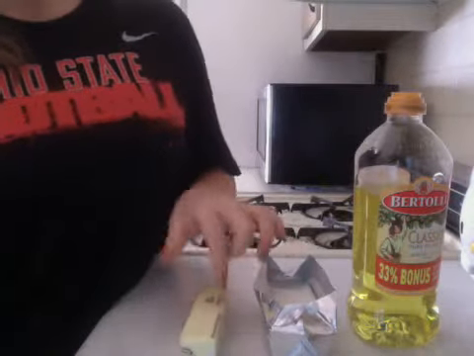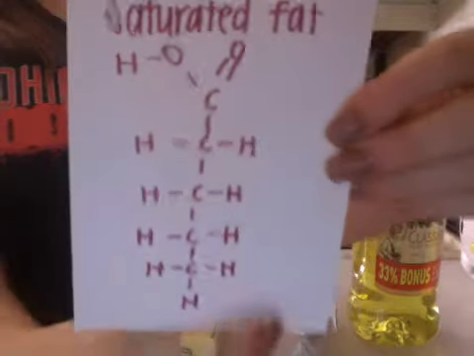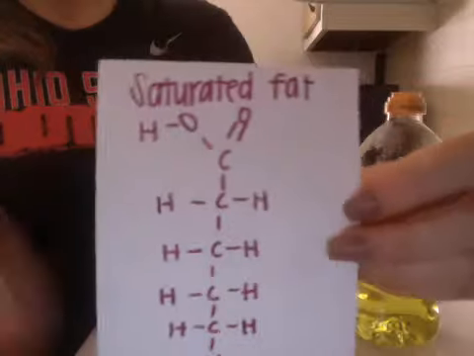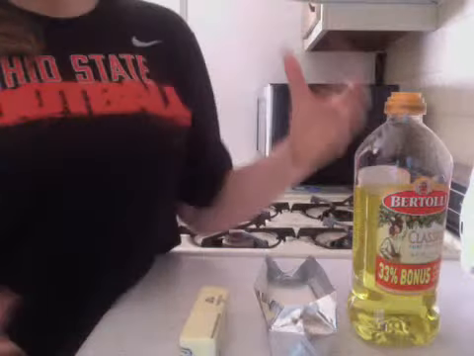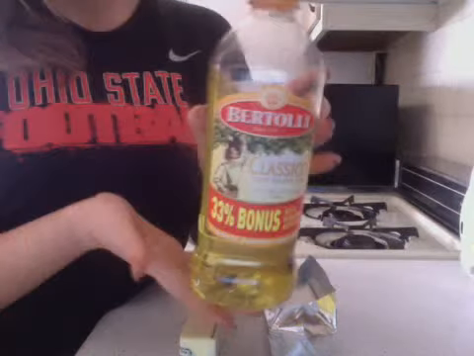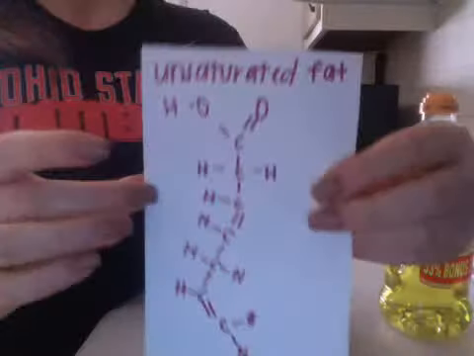And this is an example of a chemical structure that would be a saturated fat. As you can see, there are as many hydrogens as can fit onto the carbons, and there are no double bonds. They're all single bonds. In contrast, this is what an unsaturated fat would look like, and this is an example of what the chemical structure would be.